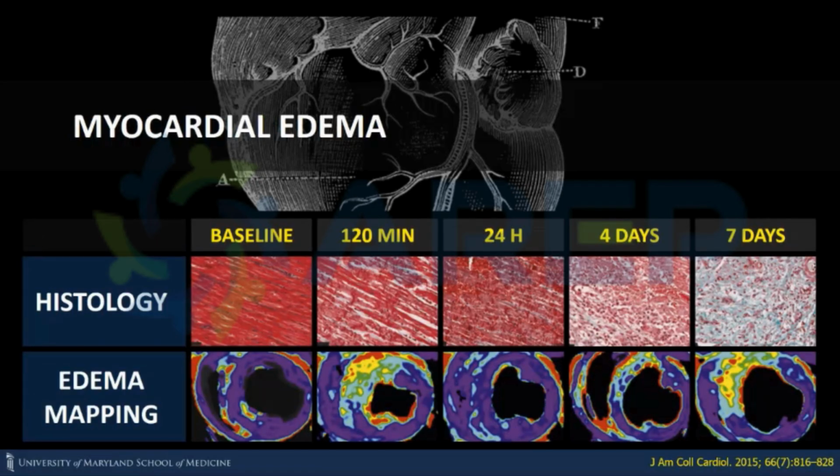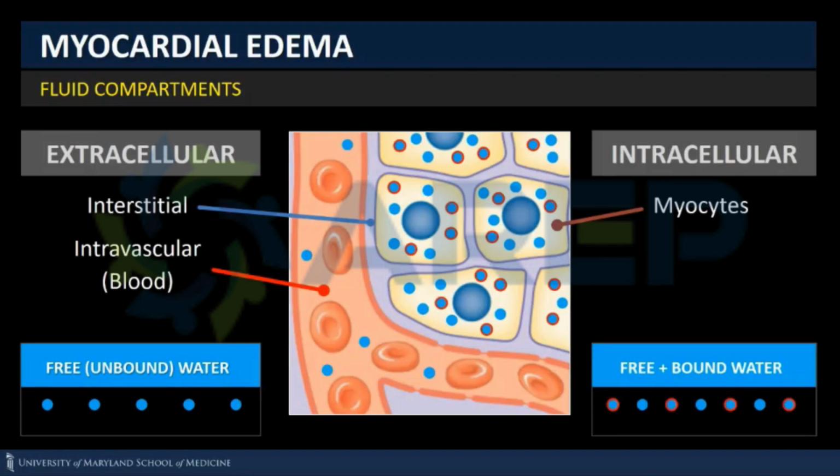Now, myocardial edema, just generally, we know that we usually have an acute peak that occurs at the time of the insult, and then later on, as we have fibrosis and myocyte cell death, we have almost a second phase of edema as we have an increase in our extracellular volume. Now, myocyte edema occurs, again, largely in the intracellular compartment.